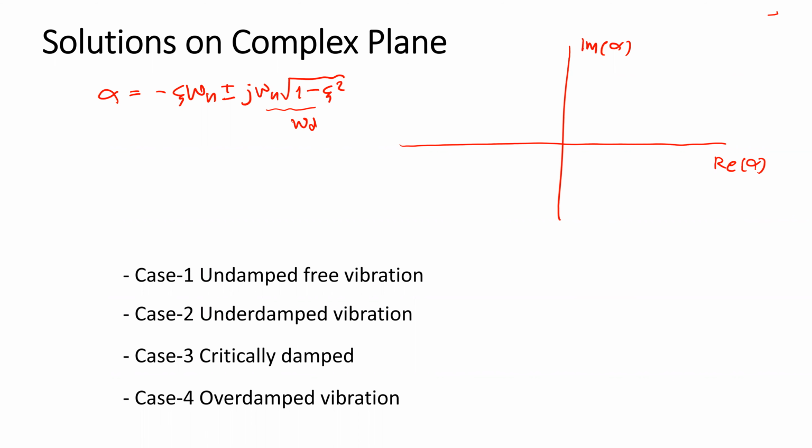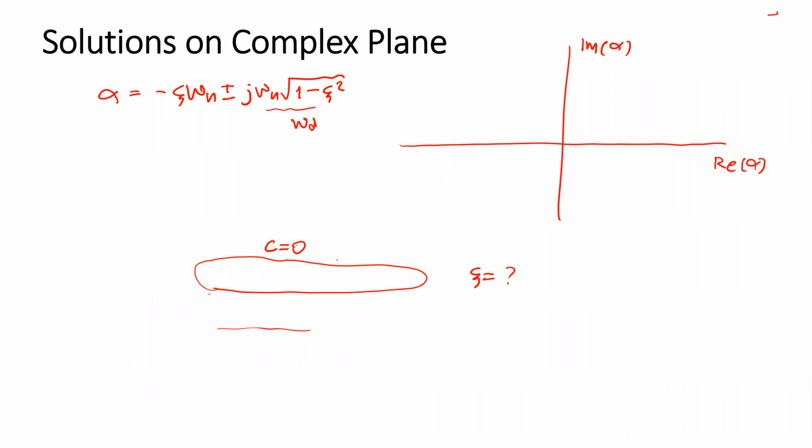If alpha has, in case one, undamped free vibration, what is the value of the damping ratio? 0. Yes, undamped free vibration means we don't have C, right? Undamped, not underdamped. Undamped is when C is equal to 0.